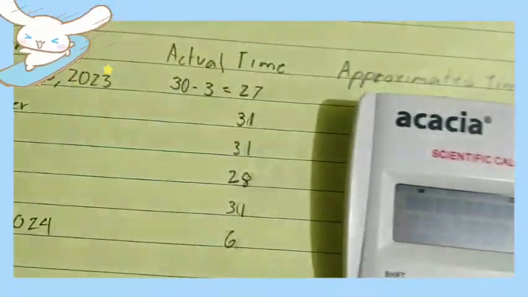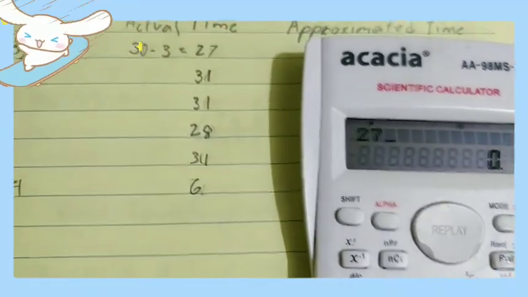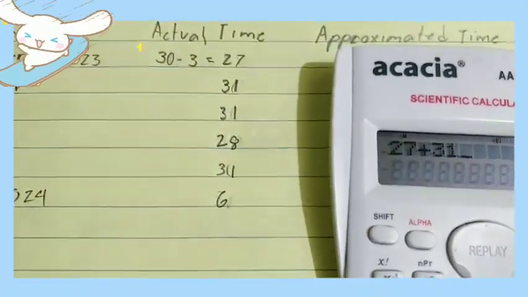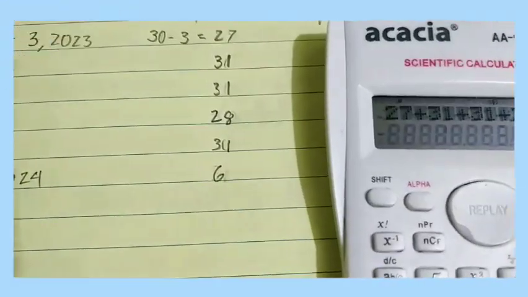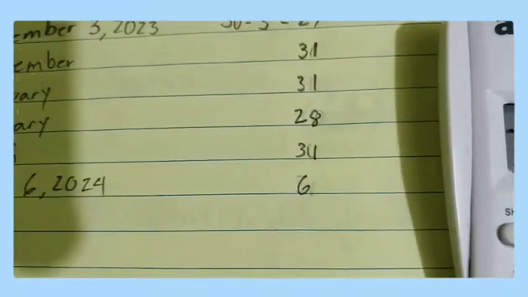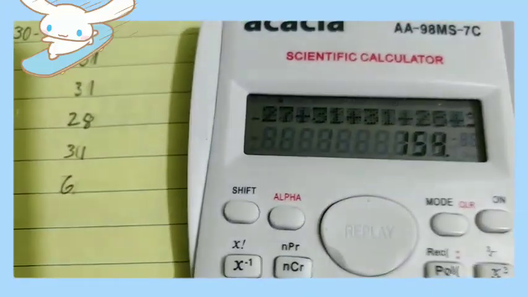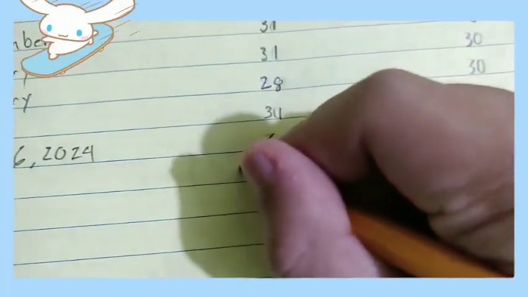So 27 plus 31 plus 31 plus 28 plus 31 and plus 6 equals to 154.